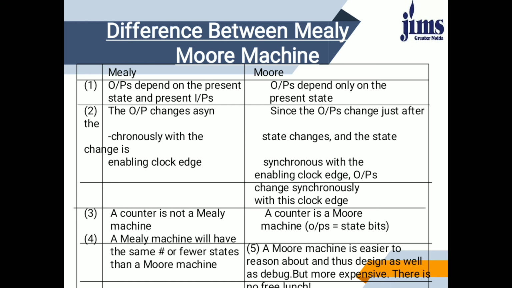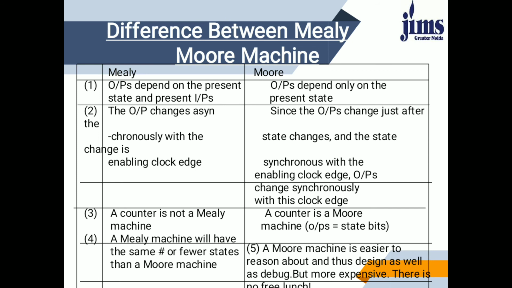Okay. Now, as an example, what is a counter? A counter is not a Mealy machine, but it is a Moore machine because it is changing synchronously just after the coming of the clock. A Mealy machine will have the same or fewer states than a Moore machine.